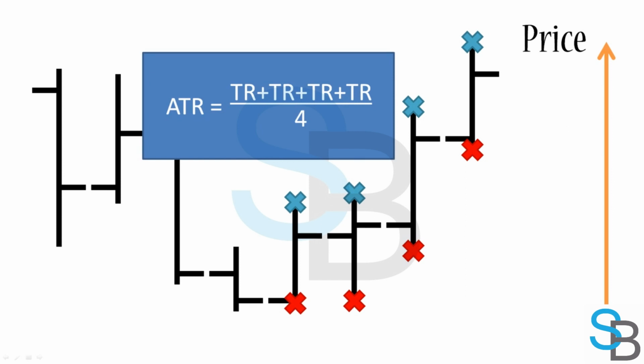So that tells you not only how volatile the market was in the current day, but also how volatile the market was over the past 4 days on average. Because if you take one day, you can have an anomaly or some news might have come out, but when you average it out, it tends to smooth out the effect, and therefore you see a representative picture of the market.